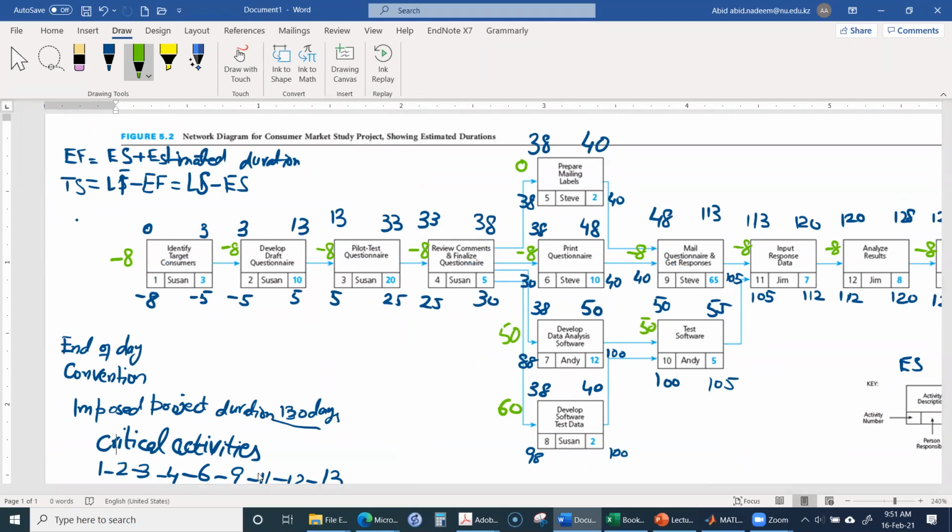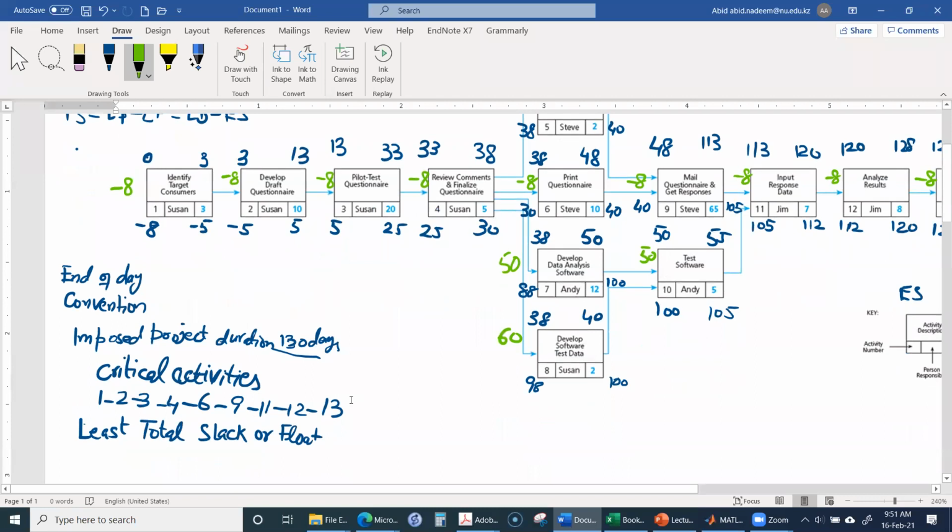All right, so here you can see that the critical activities are those activities with the least slack. So you can either say that the critical path is the longest path in the network.